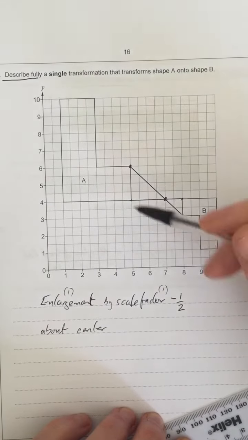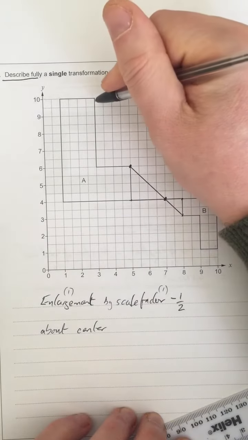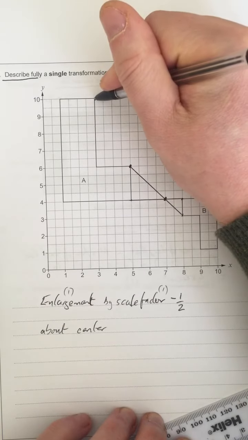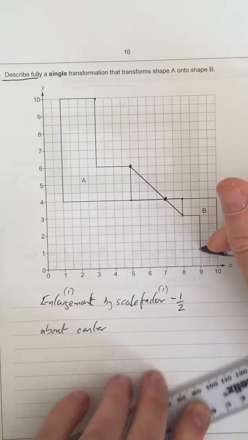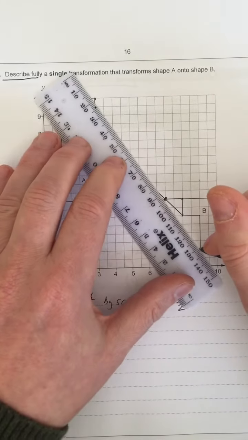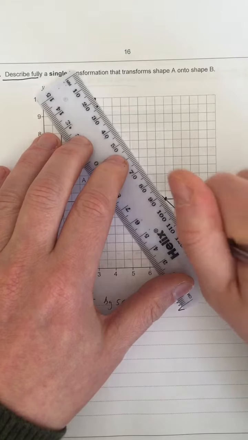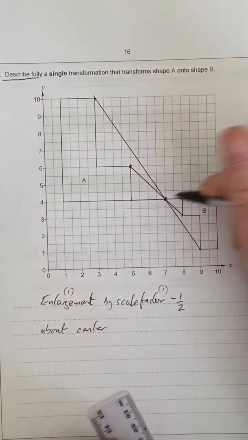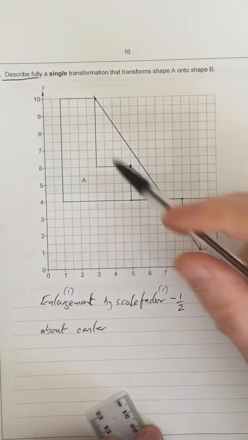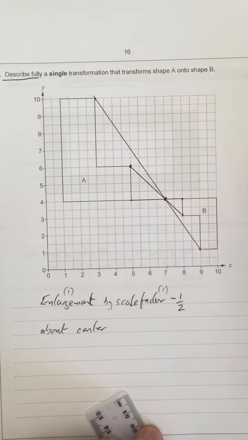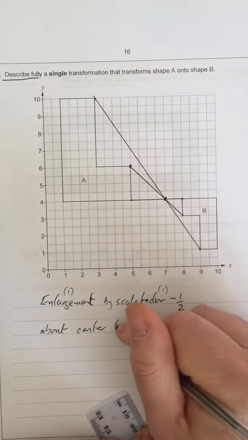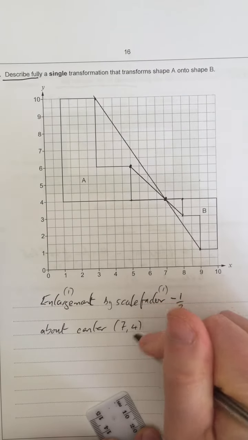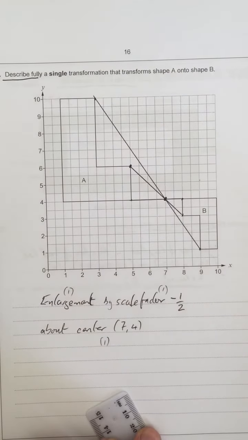Now you can do that with any of the corners, so if I use this corner as well, for example, that matches up here. If I join those up, you can see it also goes through that point. So it's worth doing at least 3 lines just to make sure you've got the right centre. So that point then is just 7, 4. So centre, 7, 4, and that's your 3rd mark.